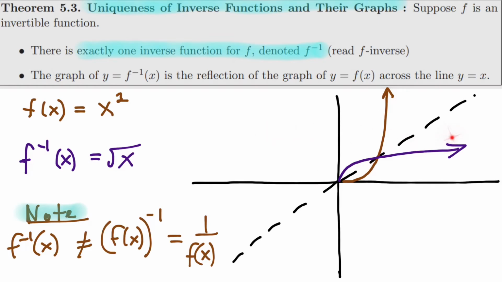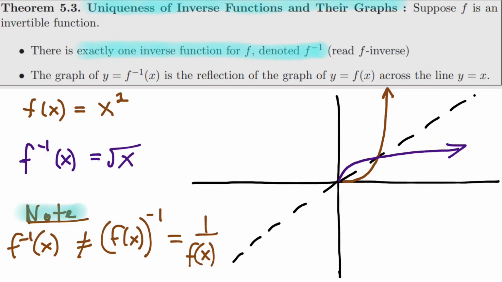So sometimes you'll find when you're studying inverse functions that you have to only take a piece of the graph of f and say it's invertible only over a portion of its original domain. Okay, so if I look at this piece of the quadratic function from 0 to positive infinity, it has an inverse, and its graph is this purple line here.